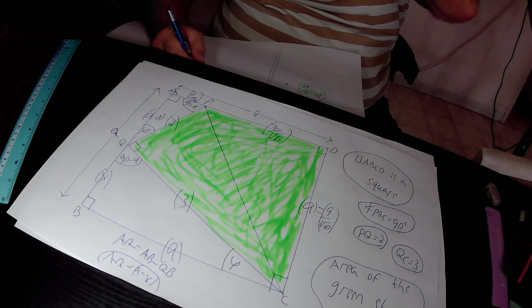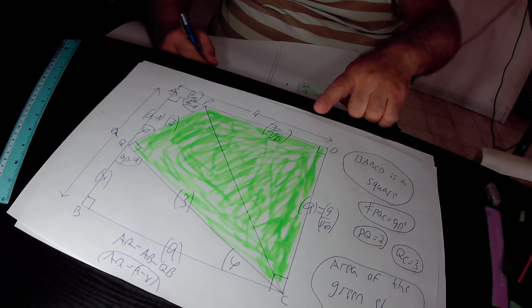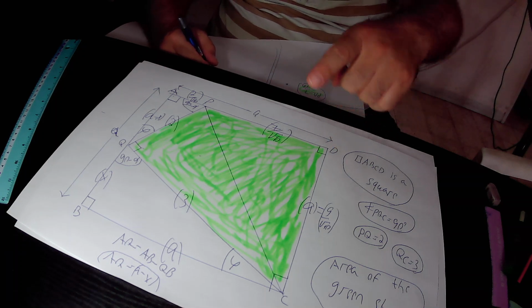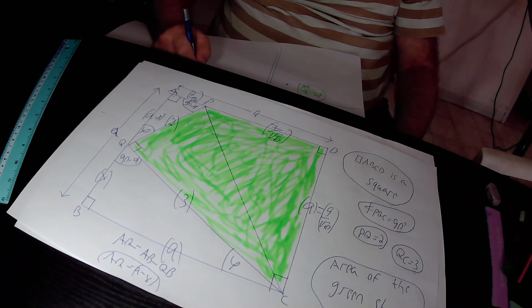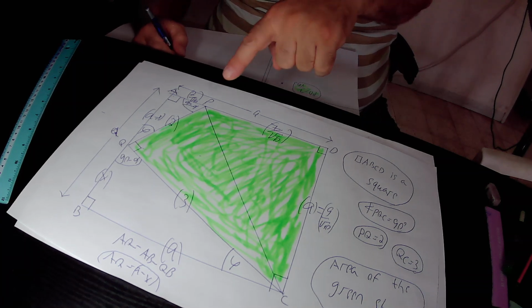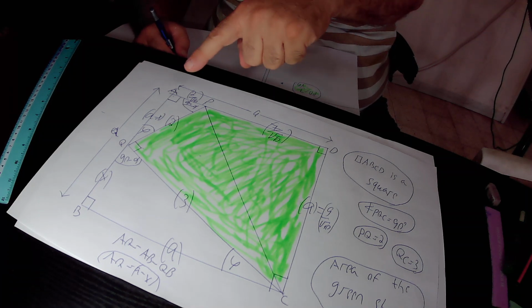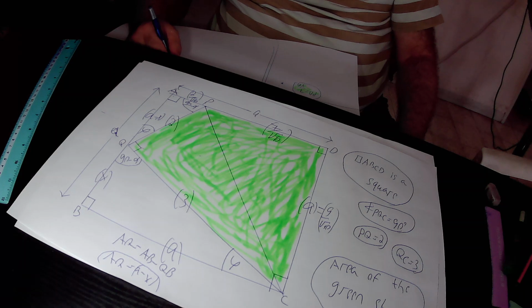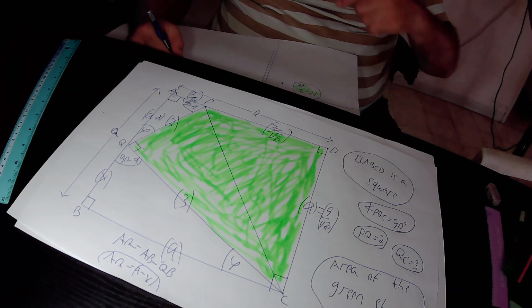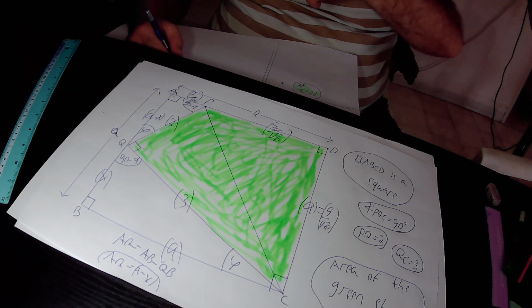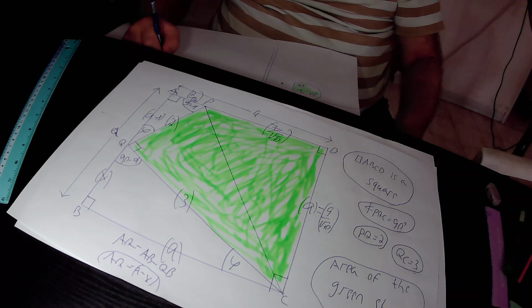The area of the right triangle PDC equals the base PD times the height DC over 2. What is the area of the right triangle PQC? The area of the right triangle PQC equals the base PQ times the height QC over 2.